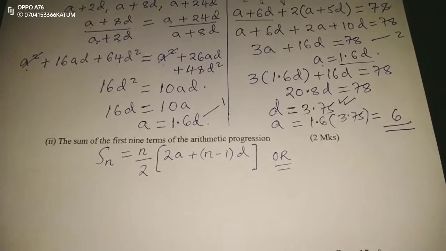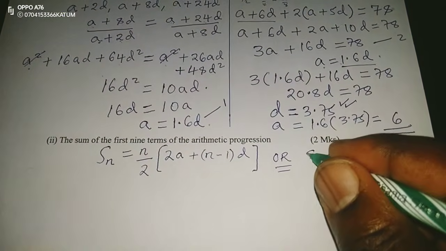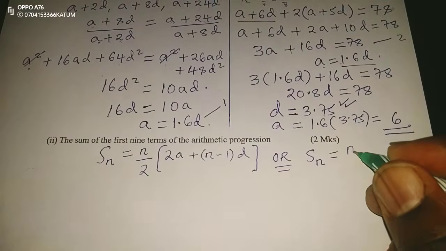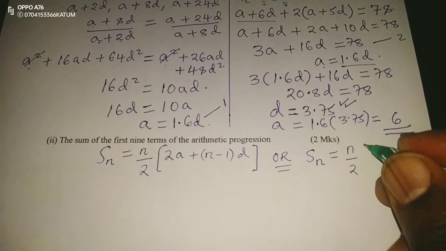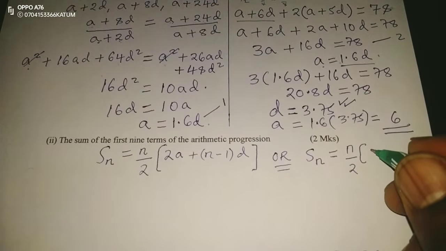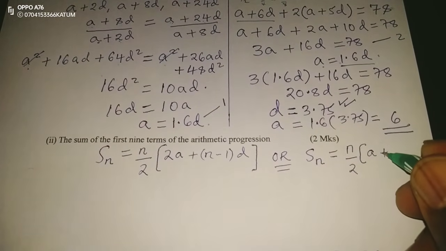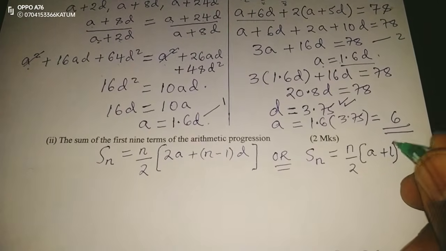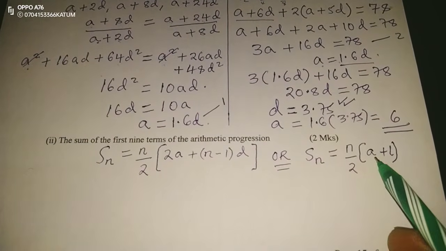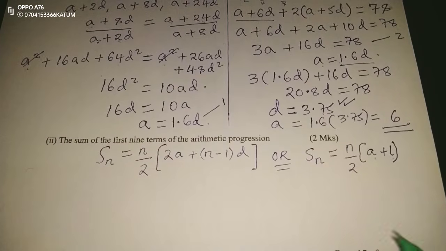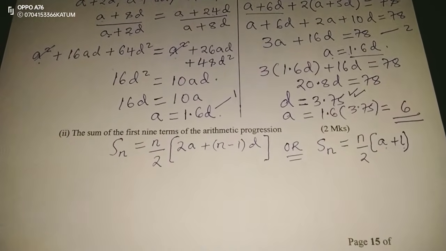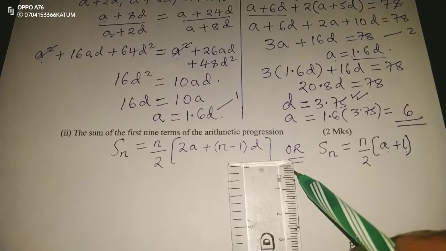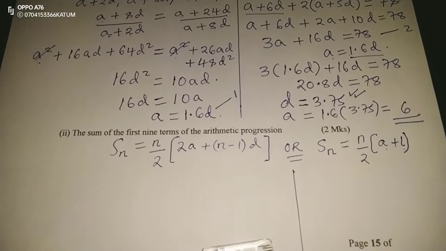Another formula, the sum of n terms, can be given by n over 2 into a plus l. In this case, we have the first term and the last term. So let us use the first formula. I will prefer to use the first one so that students might feel free.